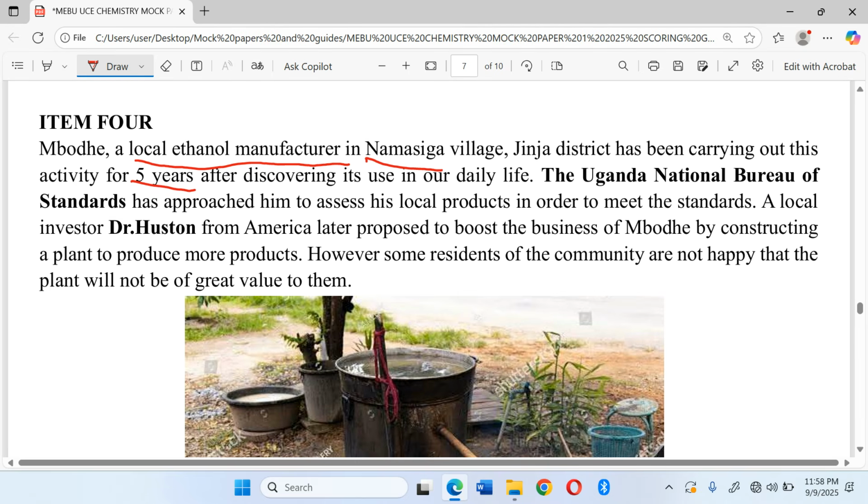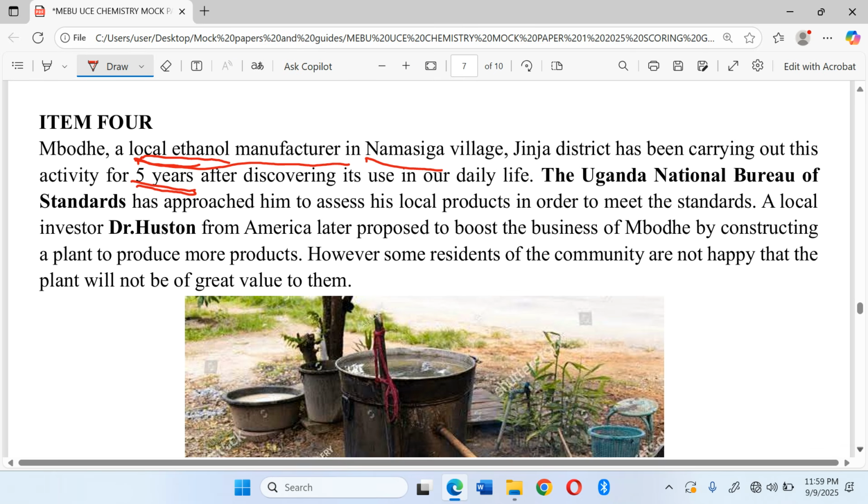So what are they talking about? Which product do they want us to talk about to manufacture? The product they want to put in money for is already here: the local ethanol. And this person has been there for around 5 years.